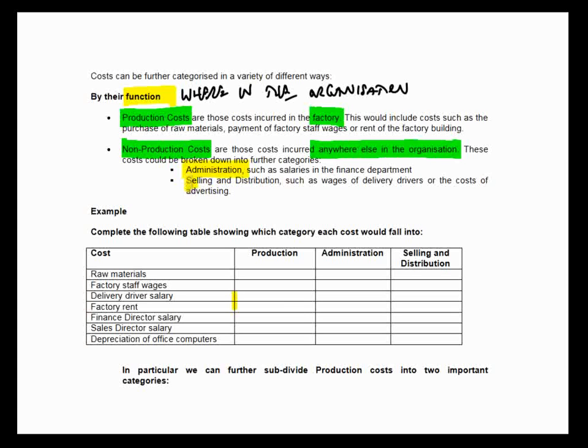You may have selling and distribution, so the delivery drivers' wages, the petrol for your lorries to take the product to the customers, even your marketing. So if you pay for adverts on TV, that could be treated as selling and distribution. So production costs, anything going on in the factory. Non-production costs, basically anything else.